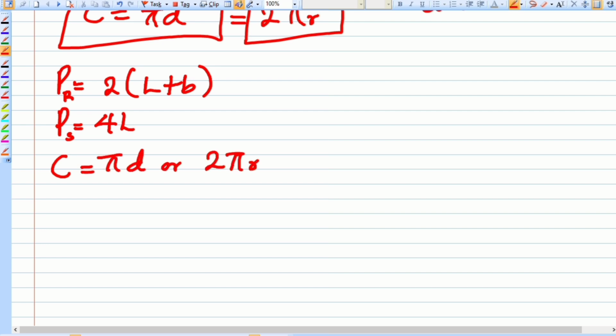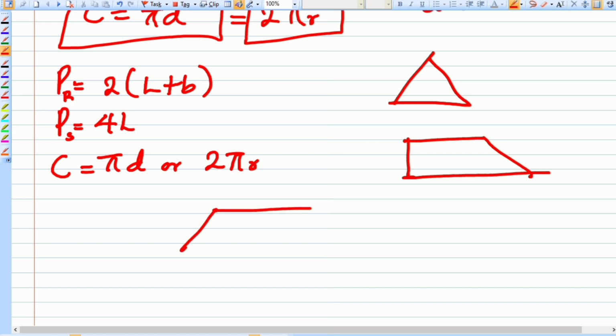For a parallelogram, for information, it has the same perimeter as a rectangle, since the opposite sides of a parallelogram are equal. So the perimeter is still 2(L + B).